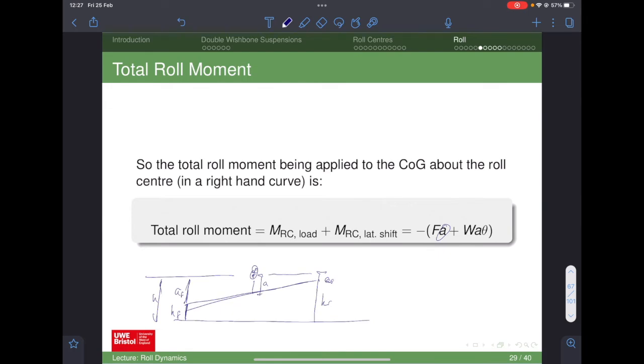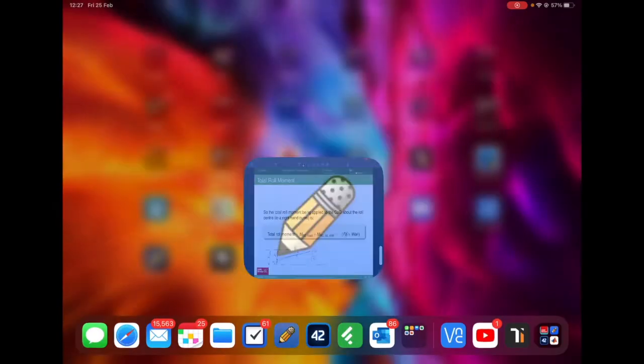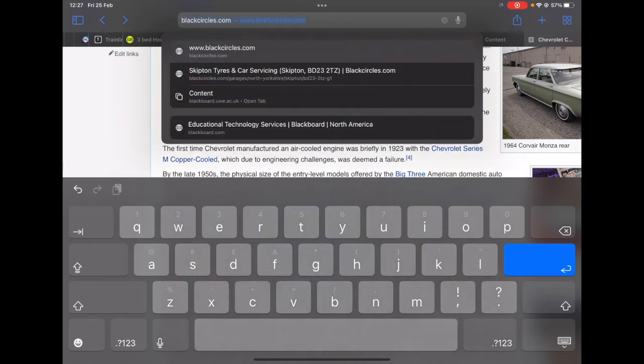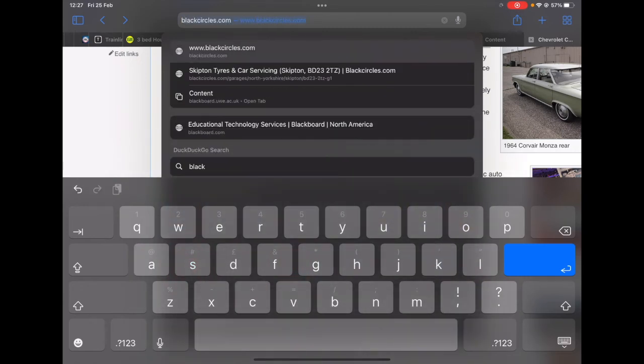In fact, I think I've got a file on Blackboard that helps explain that. Blackboard. If it loads.